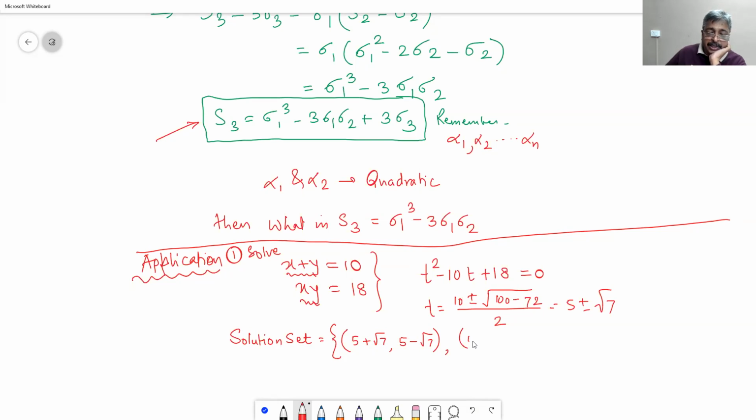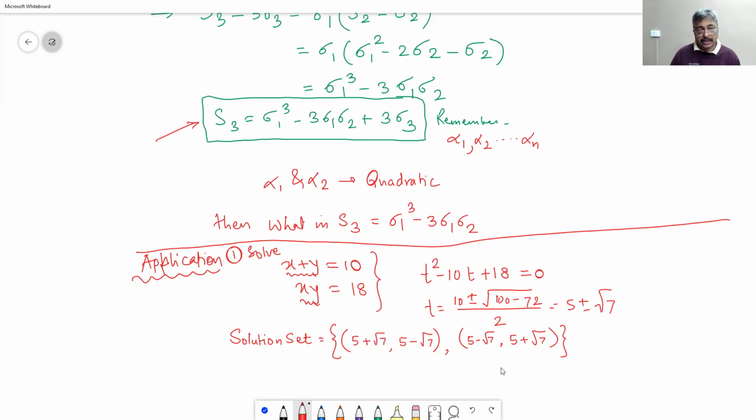Or if x is 5 minus root 7, then y is 5 plus root 7. This is how it has to be expressed. So it has two solutions. x is equal to 5 plus root 7 or x is equal to 5 minus root 7. So all of a sudden I am entering into solving a quadratic equation if my roots are given to me.